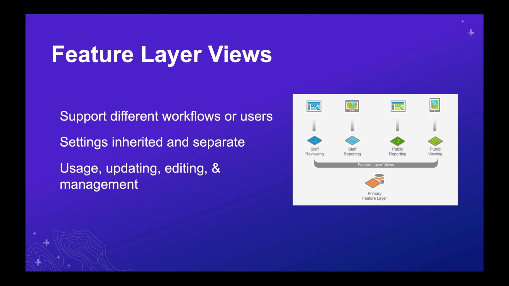So this means that you can publish one layer and then create different views for different personas within your application without having to worry about maintaining separate services and separate databases. Everything can just reference the same authoritative database.